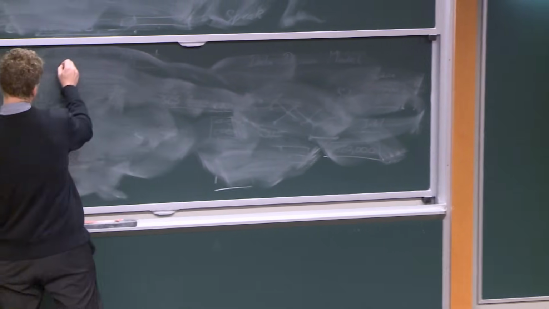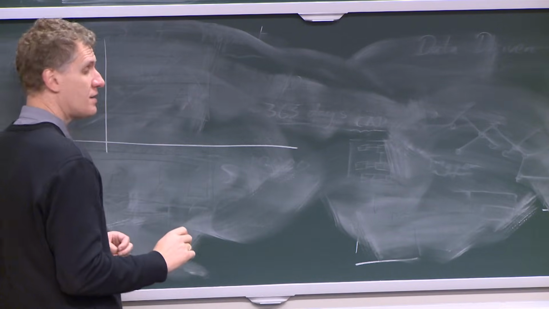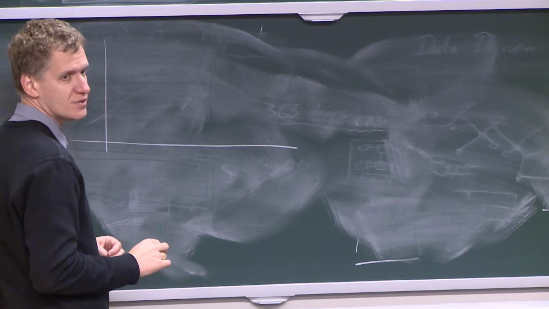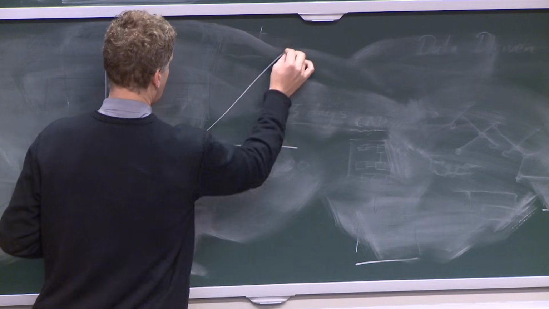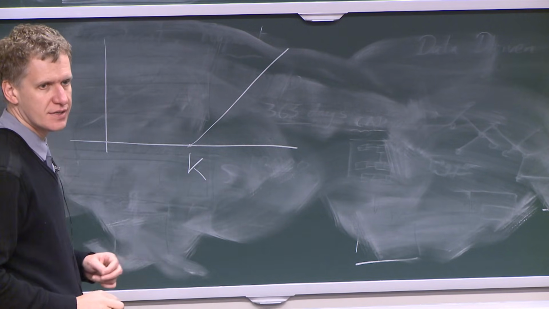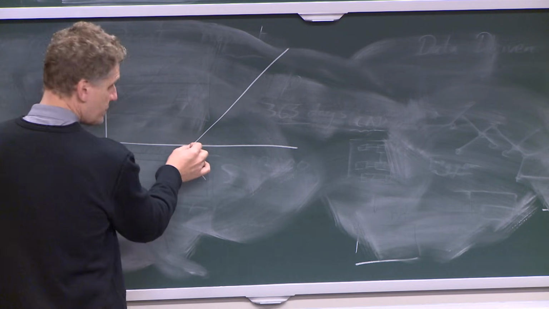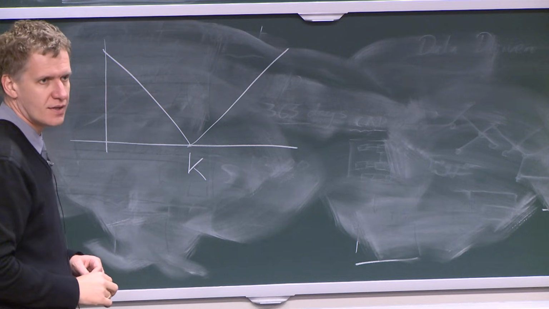Well, let's see. We'll stare long enough at the payouts of the call and put. So what's the payout of a call with some strike? It looks like this, right? The payout of the put with the same strike would look like this.